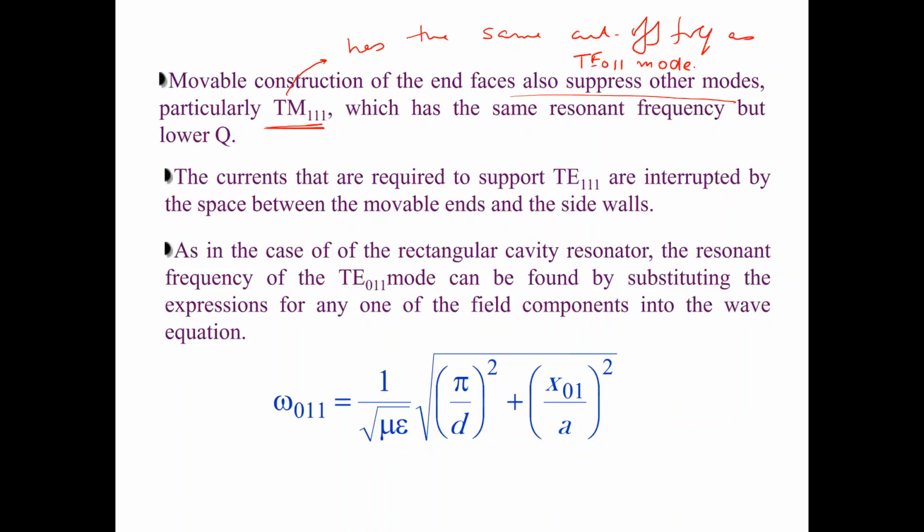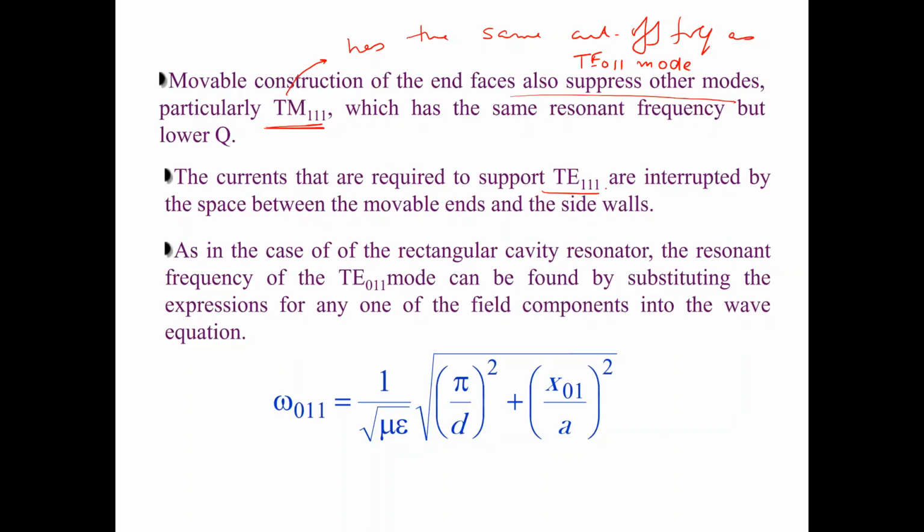The current is interrupted. Current interrupted means that the magnetic field is distorted, the loss becomes quite high, and this has very, very low Q. Similarly, if I was looking at the TE11 mode, these currents would be interrupted by the space between the movable end and the side walls. That TE11 mode is also not allowed because of that.